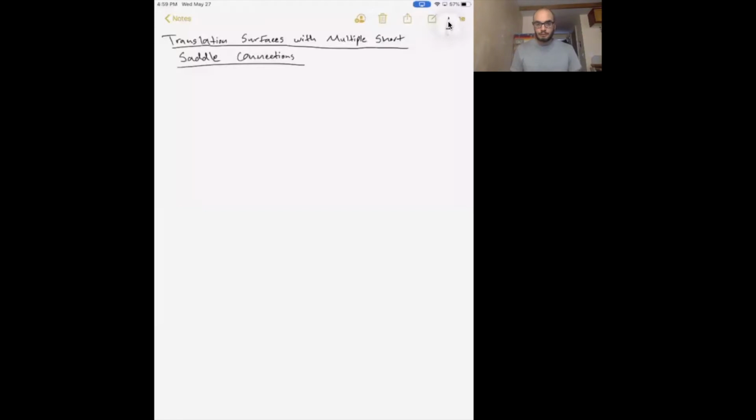So I'm going to talk about translation surfaces with multiple short saddle connections. There are various different ways of defining a translation surface.